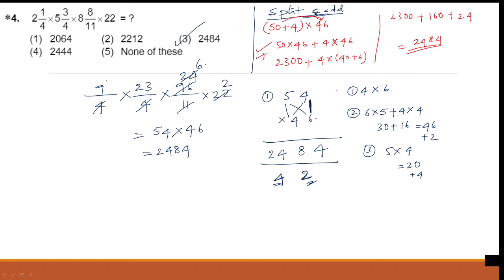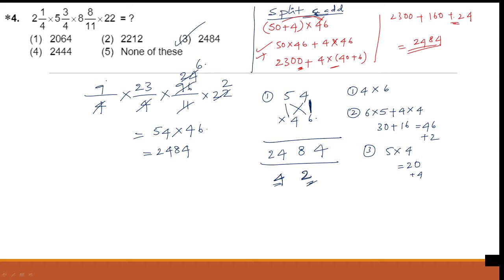We know already 5 into 46 is 230, and 0 we need to keep. 4 40s are 160, 4 6s are 24. We know all these calculations already, right? That's why I am mentioning these two methods, and I am mentioning again and again that simplification techniques need tables, multiplications and additions. Is that clear?